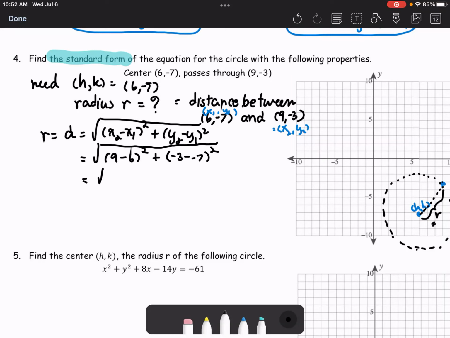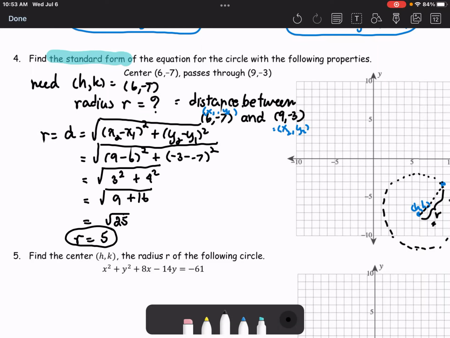The first quantity is the value 3 squared. The second one, negative 3 minus negative 7, becomes negative 3 plus 7, or 4. So we have 4 squared. We have the square root of 9 plus 16, which is the square root of 25, simplified to be 5. Now we get R, or the radius, as 5.